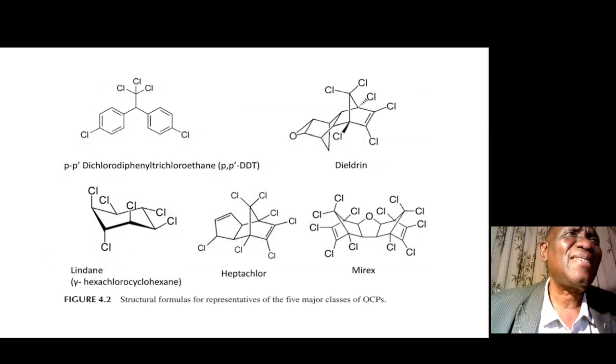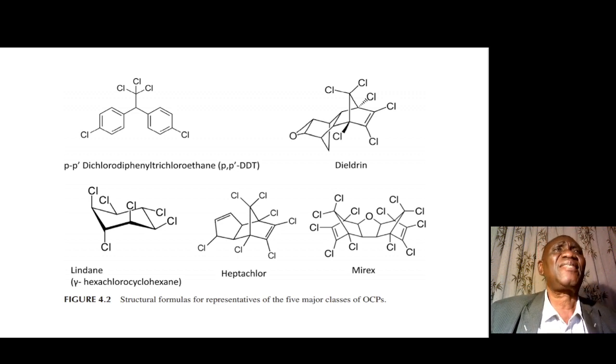So these are the structures. Some of them we call them bird-shaped structures, but anyway, it's not really important. You've got dieldrin there. It's one of the most toxic substances. Then DDT, it's an oral pesticide.